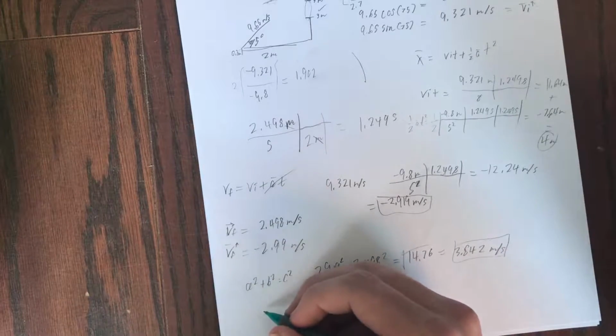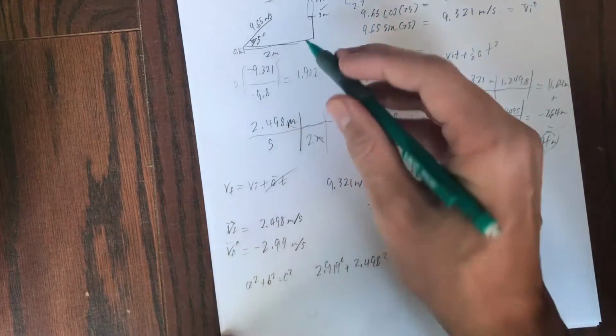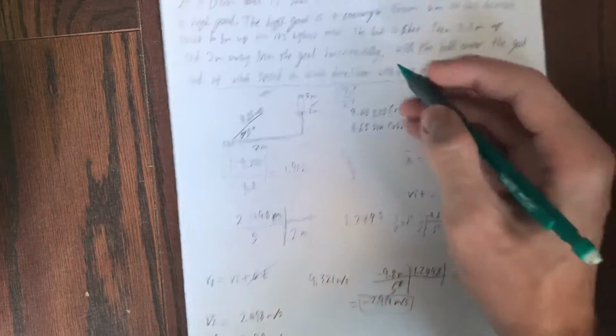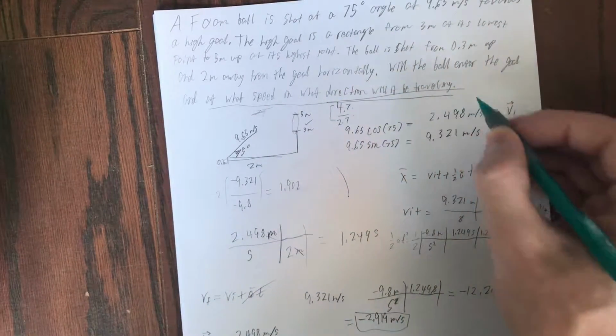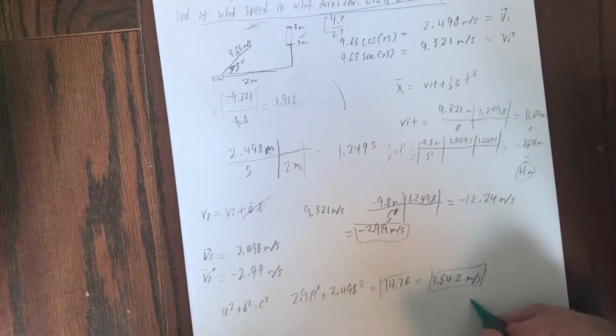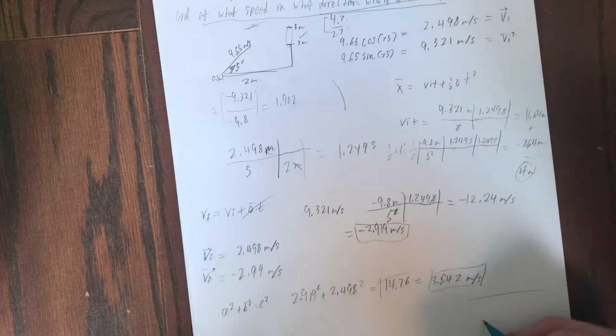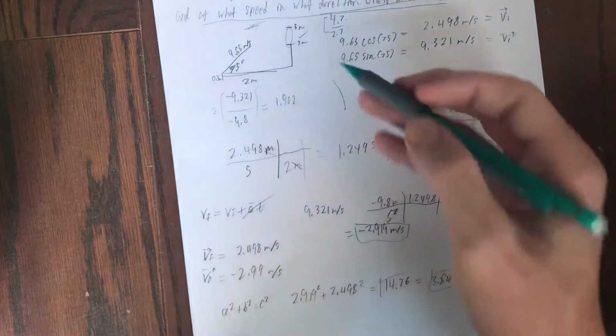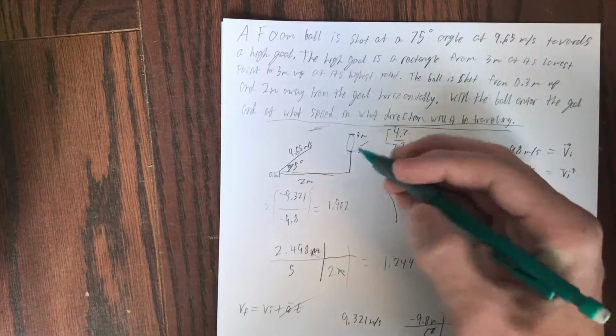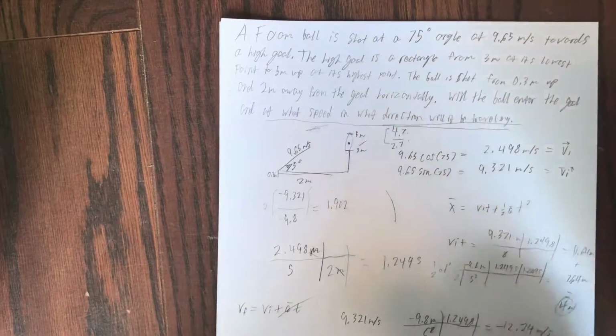Now we need to find the angle at which it's going to be traveling, the direction, essentially, to the horizontal. It started at 75 degrees to the horizontal. Now how far to the horizontal will it be traveling when it passes through this goal?